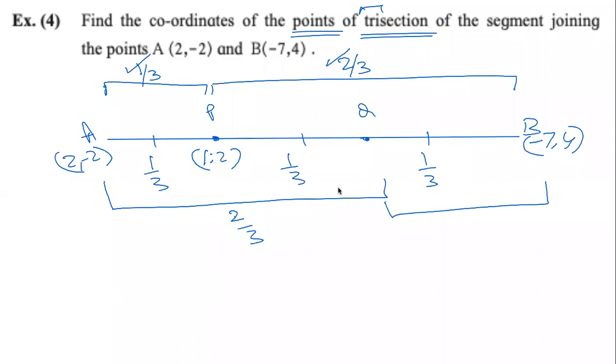And the second part? 1 by 3. Now if we do the same mathematics, 2 by 3 divided by 1 by 3, that is 2 by 3 into 3 by 1, which is 2 is to 1. So Q is dividing the line segment AB in the ratio 2:1.